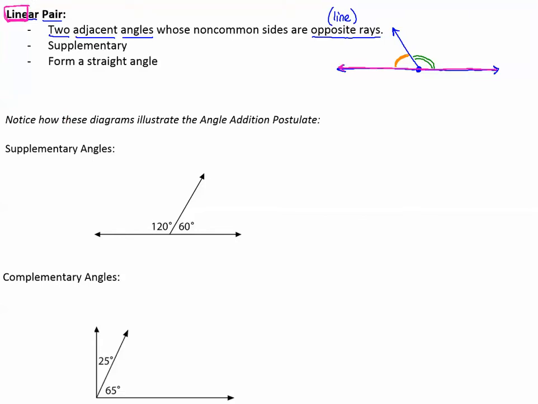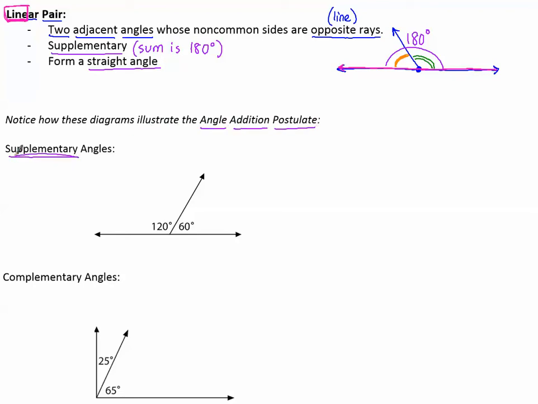These angles are supplementary. Remember that supplementary means that their sum is 180 degrees. Of course, by the picture, we notice that these two angles, when put together, are creating a straight angle. That's 180 degrees. They form a straight angle. Let's notice how these diagrams illustrate the angle addition postulate.